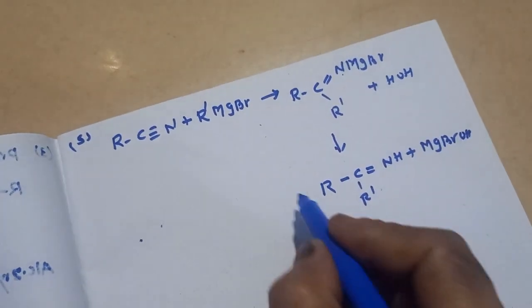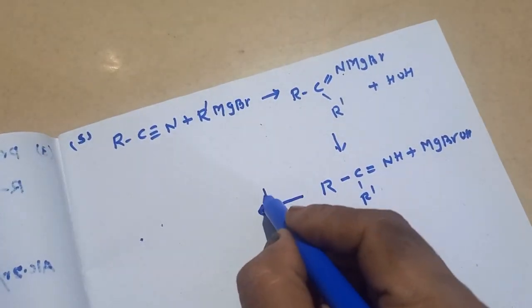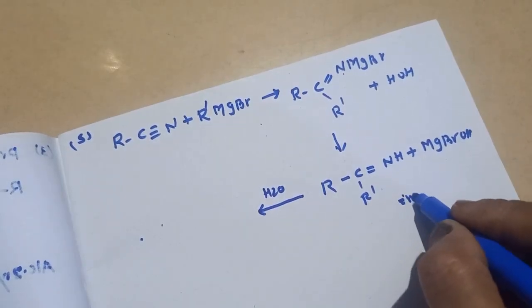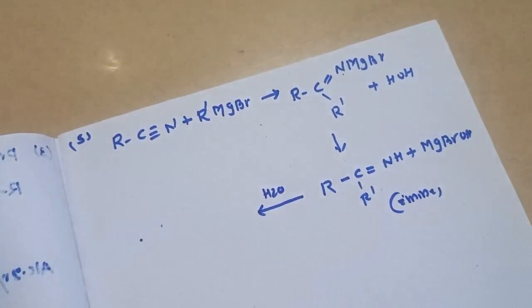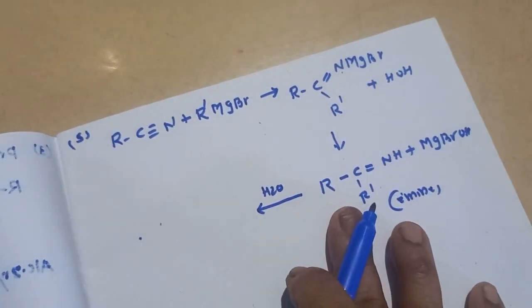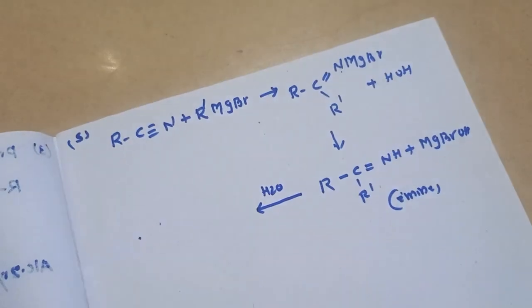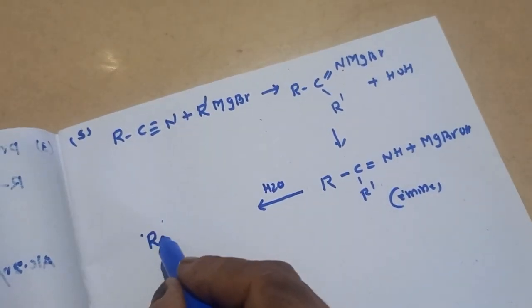Right, students? On further hydrolysis, an imine product is formed, but you don't stop here in exams, so on further hydrolysis, it gives you a ketone.